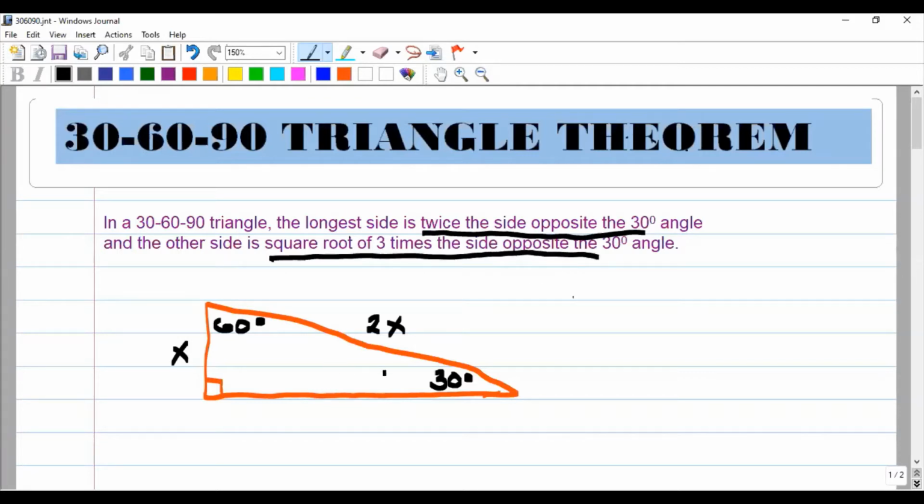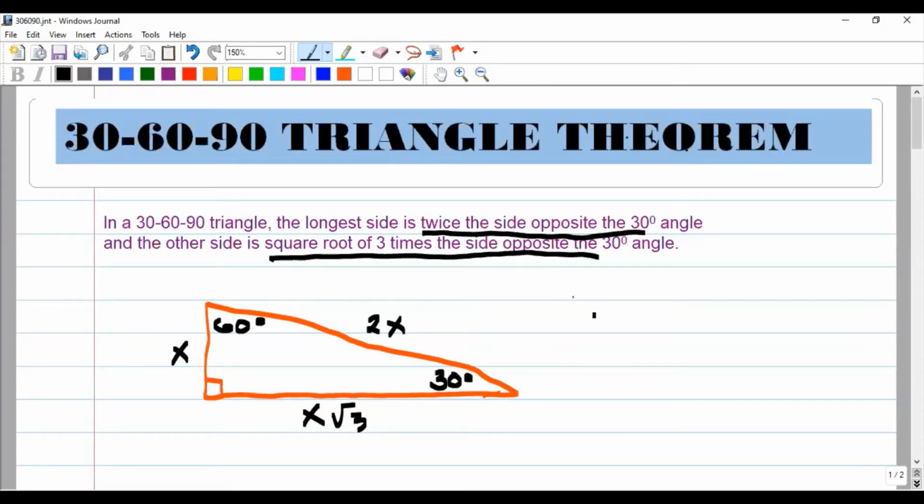What is the length of the side opposite our 30-degree angle? It's x, so we have x square root of 3. So the side opposite the 30-degree angle measures x, the longest side measures 2x, and the side opposite the 60-degree angle is x square root of 3, or the adjacent side of 30 degrees is x square root of 3. Now, we can verify that.